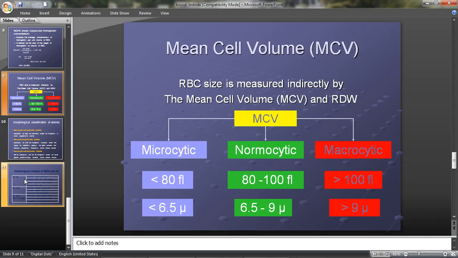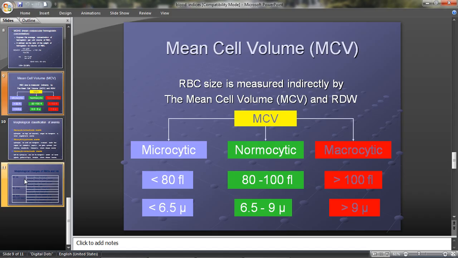This means that the average volume of the RBC is 80 to 100 femtoliters, or the average RBCs are in the range of the normal diameter. So if they are in the normal range of diameter, the average MCV would fall between 80 and 100 femtoliters.